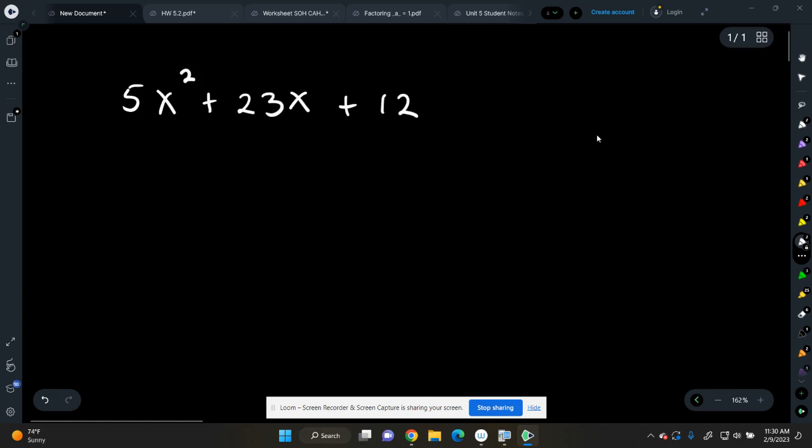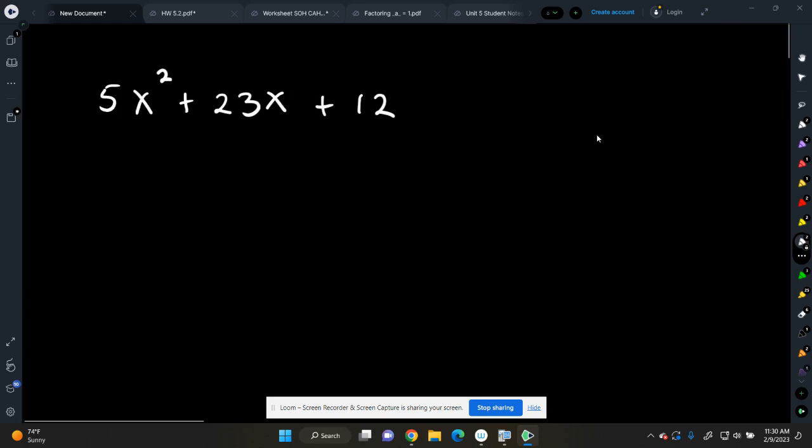Okay, so you notice on the worksheet that I gave you for homework, it says factoring A equals 1. What are we referring to when we say A equals 1? The coefficient next to the x squared.